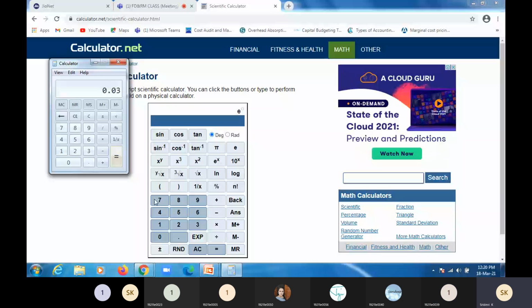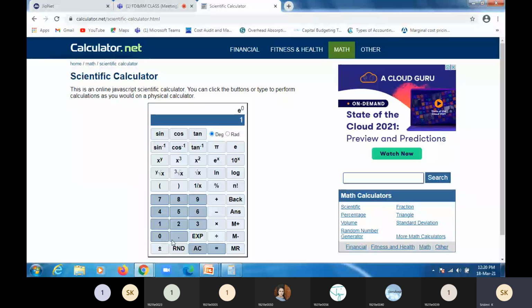So now we have taken this e power x. Now you simply take the 0.03 value here. The result will be displayed on the screen. Directly, you need not press the equal to key.